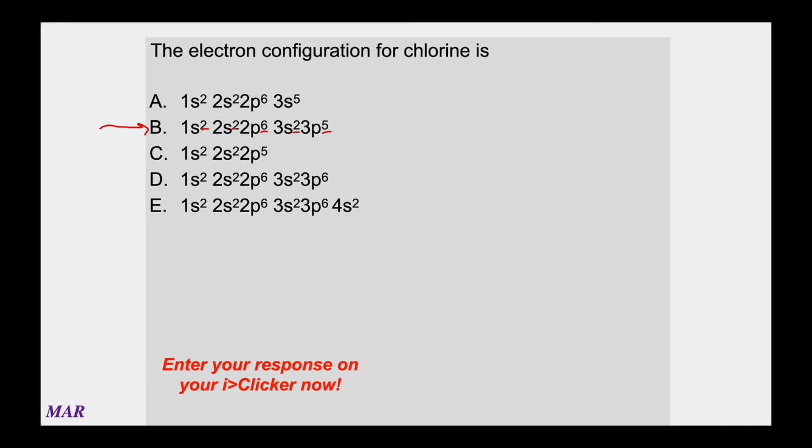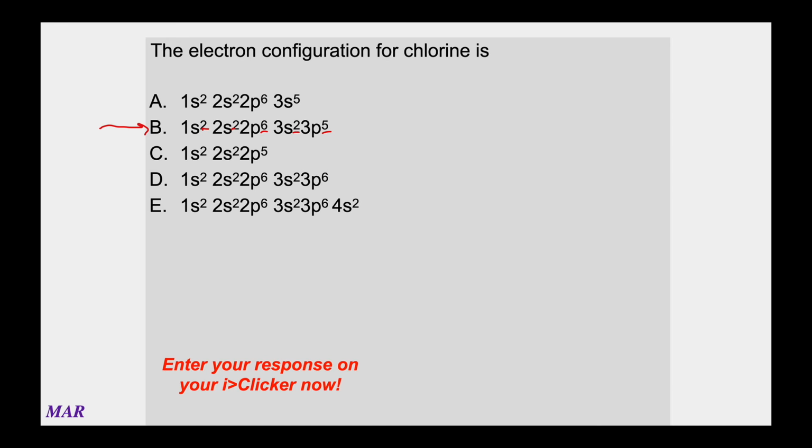A second way to answer this question: you know that chlorine has 17 electrons because of the periodic table. You could follow the Aufbau diagram through 3s2, 3p5. That would be another way to confirm answer B is correct. And yet another way is that chlorine is part of the p block of elements.